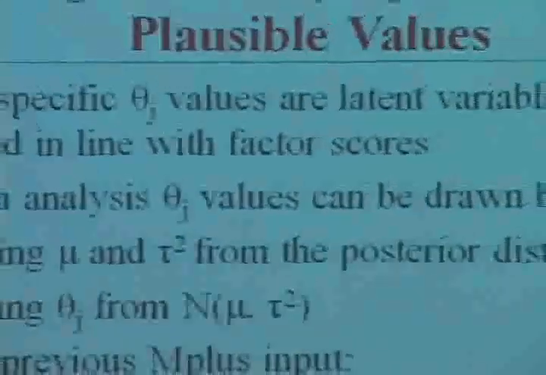What's interesting, though, is that we can now estimate from this model the study-specific effects. We had the observed effects Y, but what are the true effects? That's what we call theta. And I think the easiest way to think about theta is as factor scores.